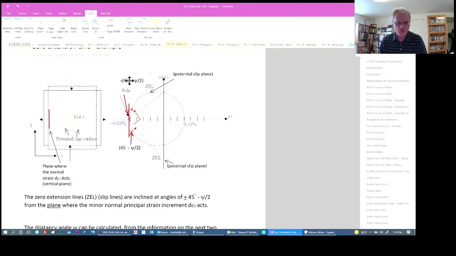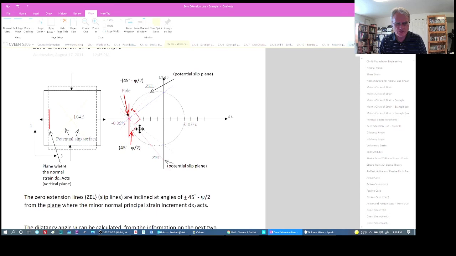So if we go 45 plus or minus, so if we go minus 45, we're going in the clockwise direction, minus psi divided by 2, we would stop right here on this plane. Or if we come the other direction from the pole, to plus 45 minus psi divided by 2, we'd come up to this plane.